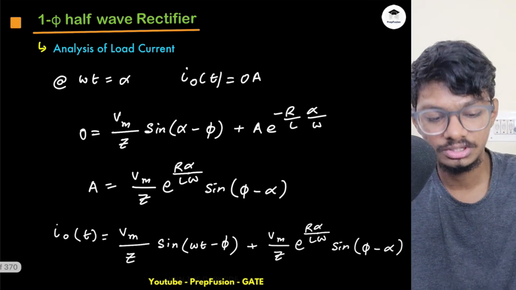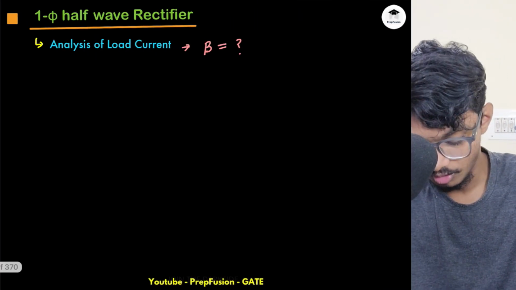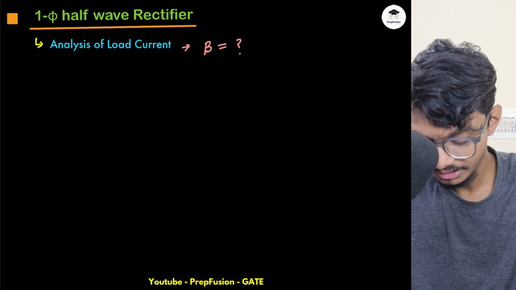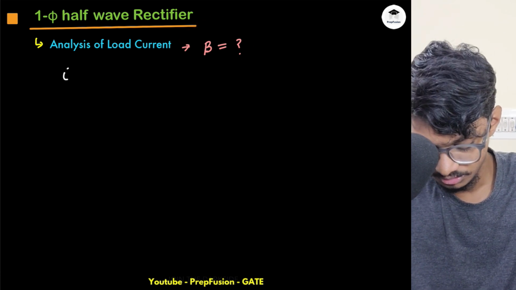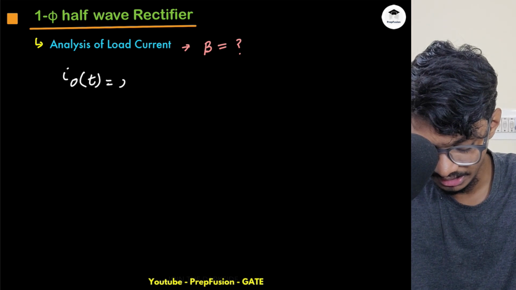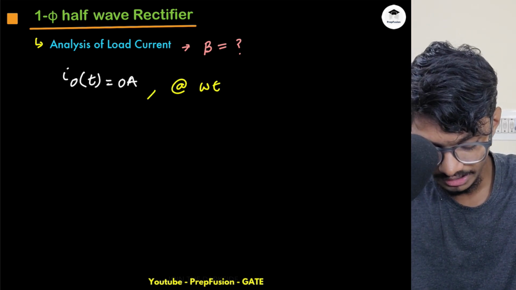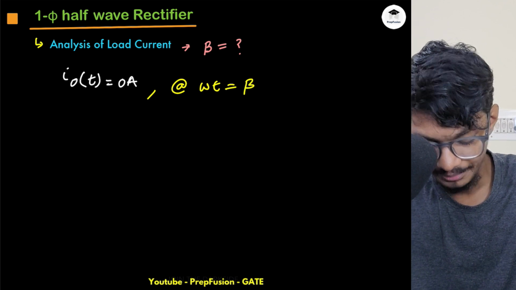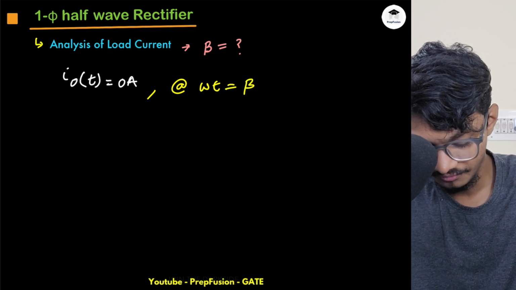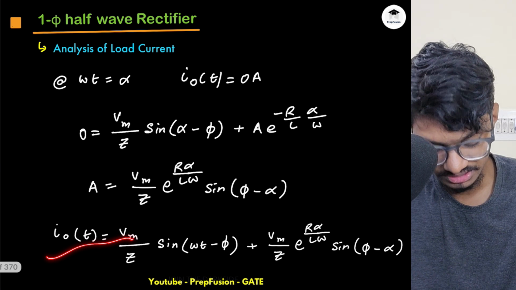Now what about the beta angle? How do you find out beta? For beta, you just put in the equation that at beta, Io of t is again becoming 0. So at omega t equals beta, my Io of t should be 0. I will put this here.